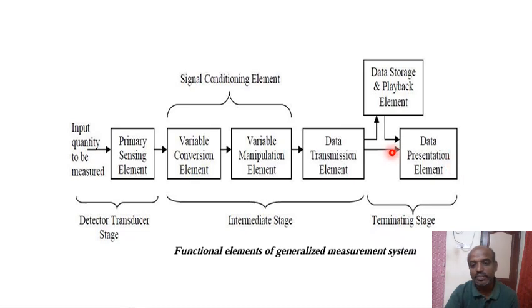In this stage, all the information from the data transmission element is converted into the quantity the observer needs. These three elements are called the intermediate stage. The last two elements, data storage and data presentation, are called the terminating stage.